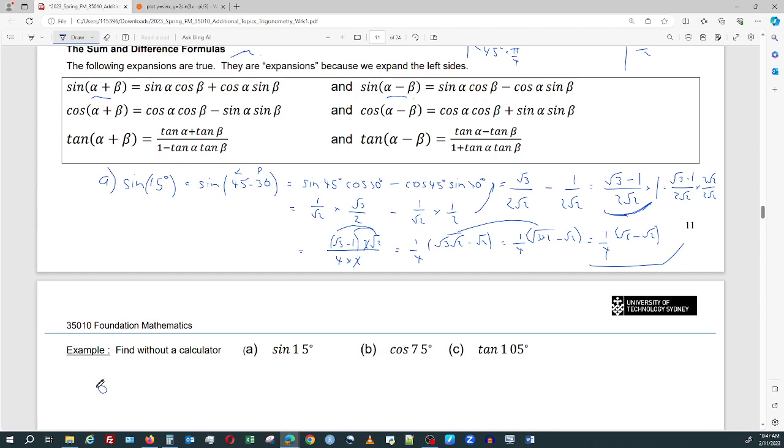Cos 75. What can we do with cos 75? Is there any way we can do something with cos 75? What about 45 and 30? 45 and 30 is 75. So in actual fact, we can make this a sum of 45 plus 30.